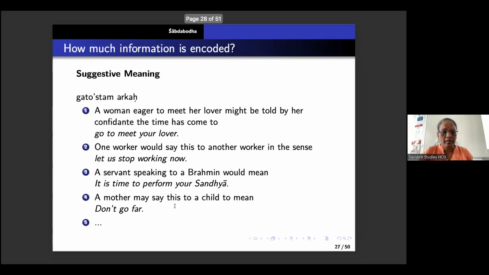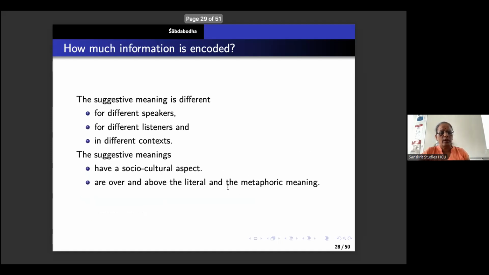For example, Sandhya Vandanam, a ritual performed by Brahmins in the evening during the sunset. Unless you know that tradition, you cannot understand it. So you cannot get that suggestive meaning if you are unaware of that cultural aspect.